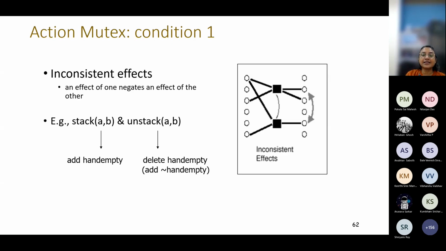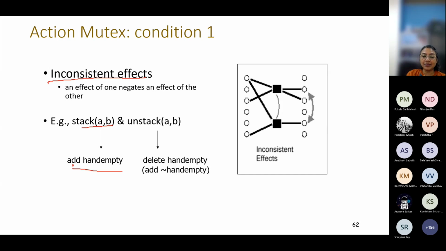First, let us explain condition 1, which is the inconsistent effect. Inconsistent effect means an effect of one negates an effect of the other. So, suppose you take the action stack AB. In the stack AB, that putting A on top of B, hand empty is added.